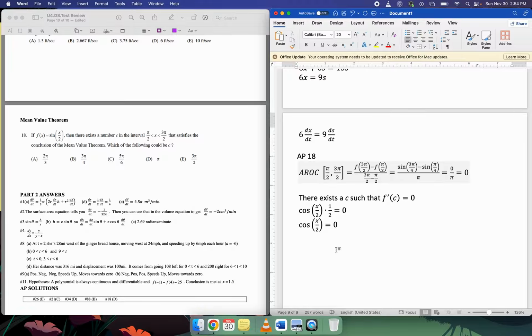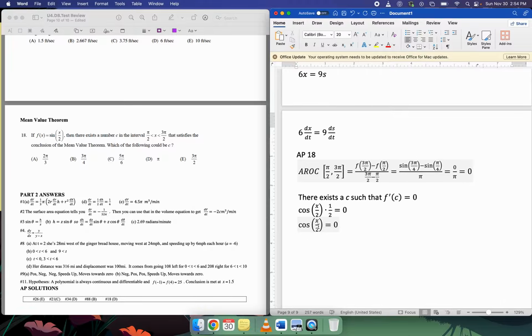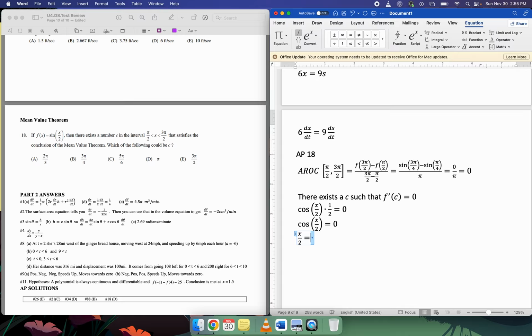But formally, the way to solve an equation like this is to say this equation says x over 2 is an angle whose cosine is 0. So when is cosine 0? Well, x over 2 could be pi over 2, or alternatively, 3 pi over 2.